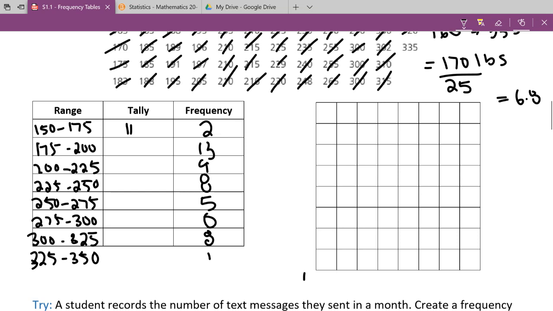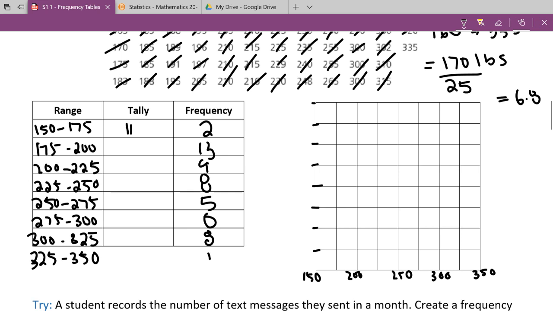Again, putting my bin ranges, 150, 175, 200, 225, 250, right? And if things get too cramped, you can adjust your scale because we know that we're being constant. 250, 300, 350, and we know that it goes up by 25 each box. Our frequency, it looks like our highest frequency is 13. And we only have 1, 2, 3, 4, 5, 6, 7, 8 possible boxes.